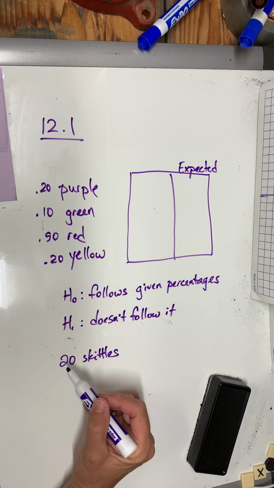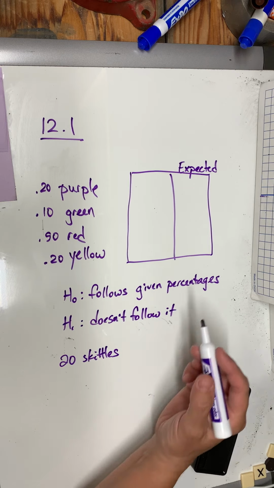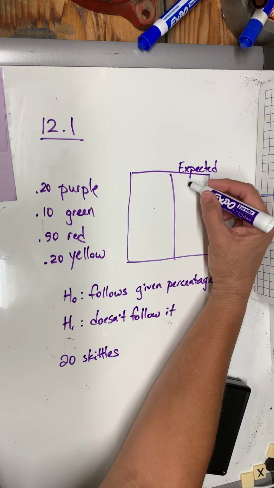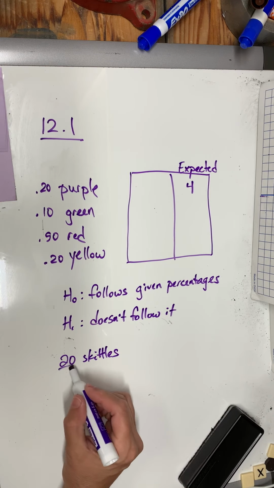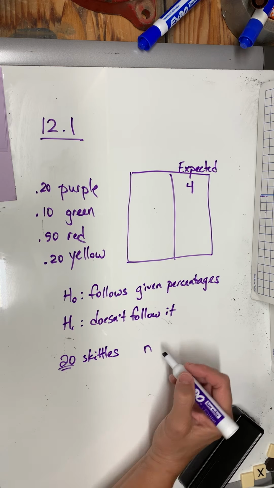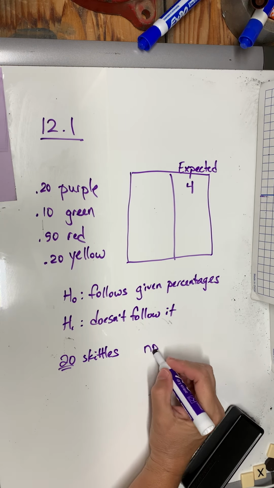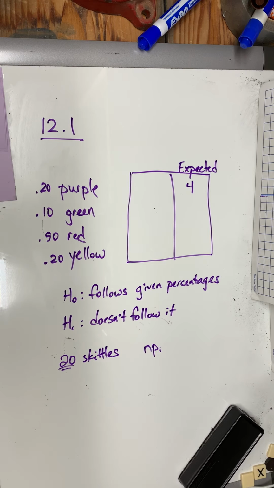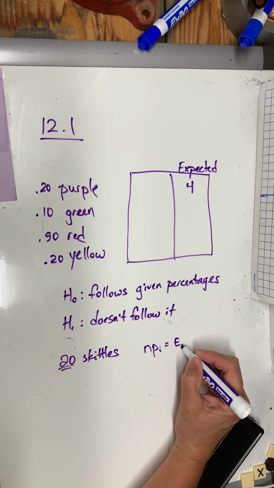If I had 20 Skittles and I expect 20% to be purple, then that would be 4. How did I do that? I did my total number of Skittles, n, times the probability, which I think is the formula on your notes. So n times the probability of the first one, which they call P sub i. And this is your expected i.